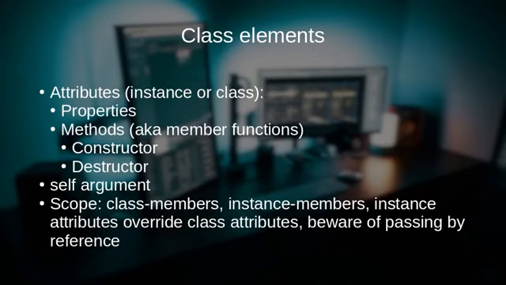In Python, properties can be either a class member property or an instance member, and the difference between them is that class member properties are effectively shared between all instances of the class and are stored in the object that is represented by the class name itself, while instance members are properties and methods that are associated directly with the instance of the class, so the objects that you have created when you have called the constructor of that class.